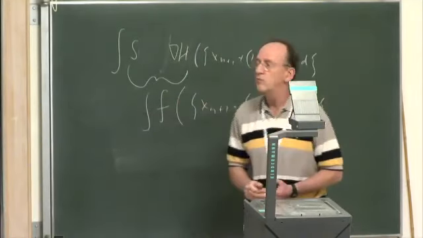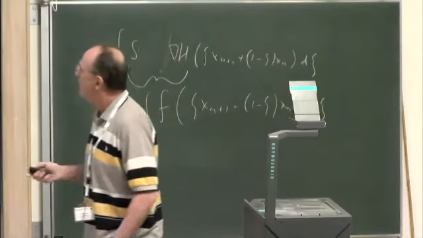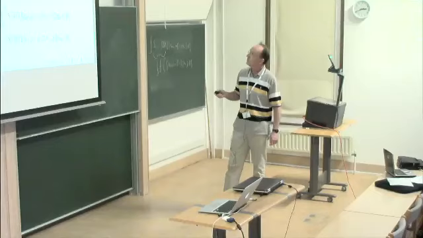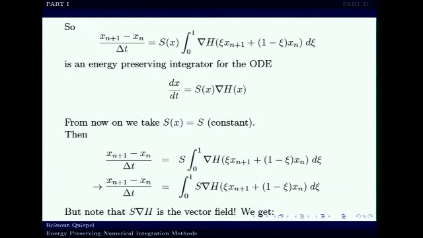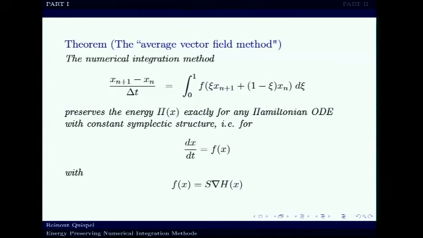And that was sort of my eureka moment in 2007. Because if that is the case, we can just write the method like this. And now all of a sudden, this is defined for any vector field, whether it's Hamiltonian or not. Right? It just so happens, if it is Hamiltonian, then this method will preserve the energy.